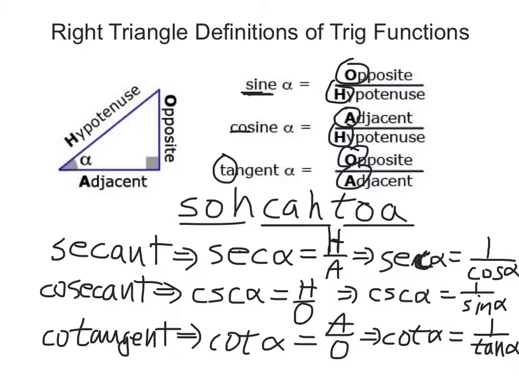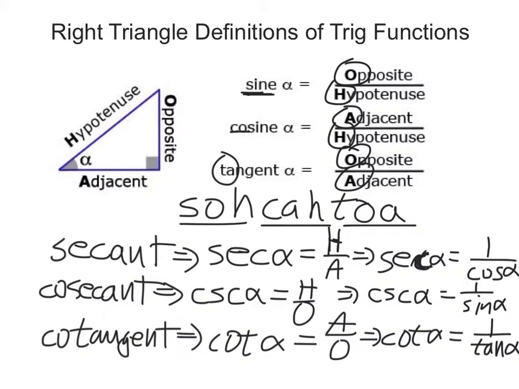Secant doesn't have the co, so that has to be 1 over cosine. And then, of course, you have to remember tangent and cotangent. Those are a little easier to remember. But that's how I remember, especially the secant and cosecant, which one goes with the sine and the cosine. Okay? Questions?